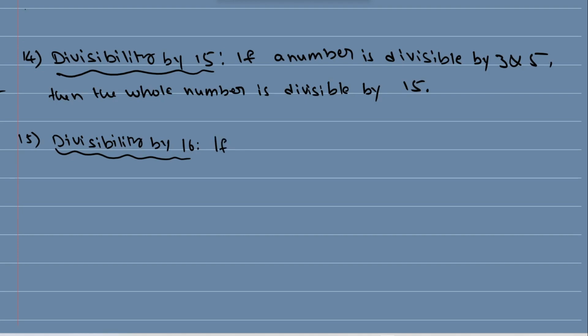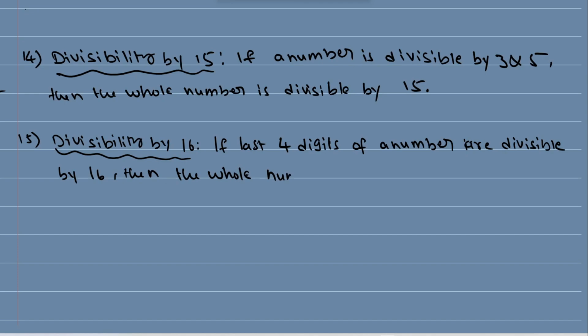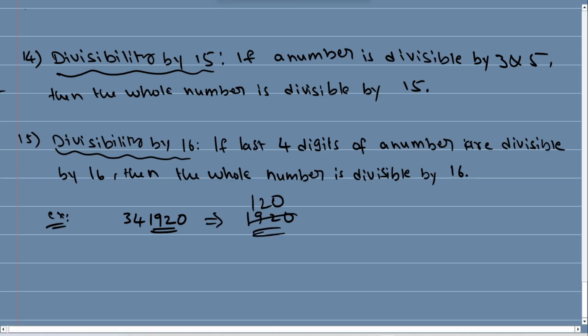Okay, let's take an example here. We'll consider the last 4 digits, right? 1620. Okay, it is divisible.